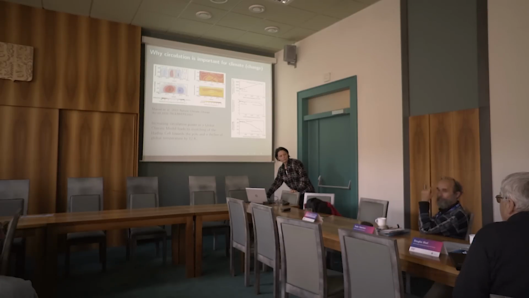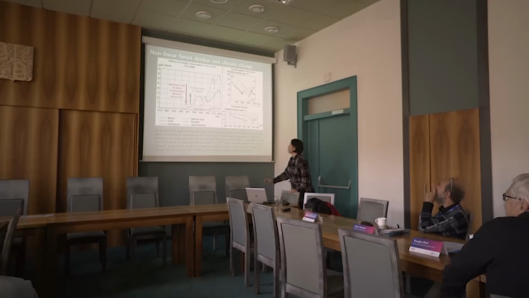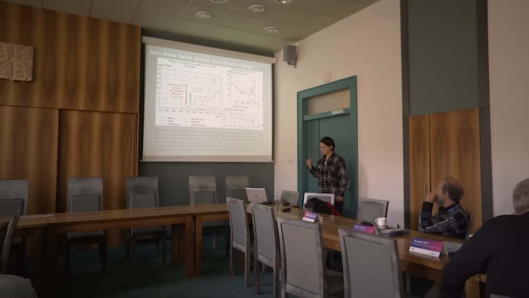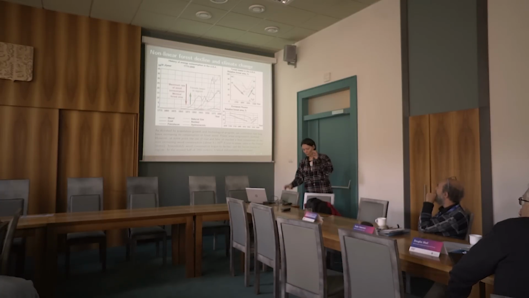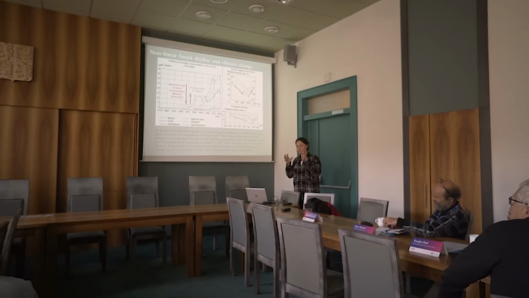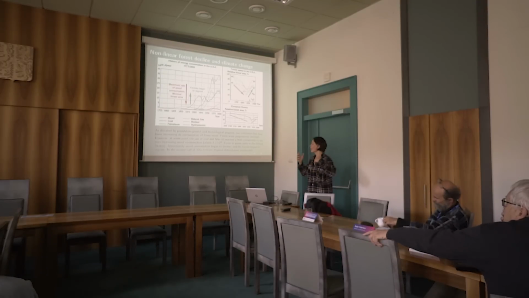Okay. So I wanted to show you how, suppose we forget everything about carbon dioxide and concentrate on forests. And we know that forests in recent years had a very complex history of being destroyed and recovering.